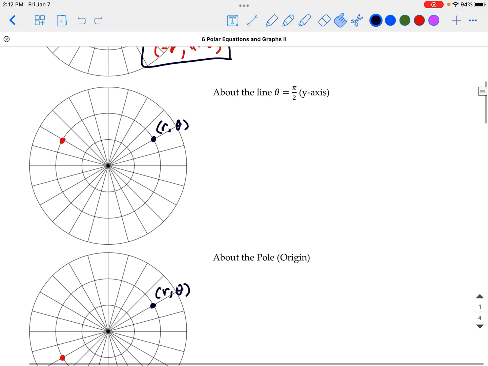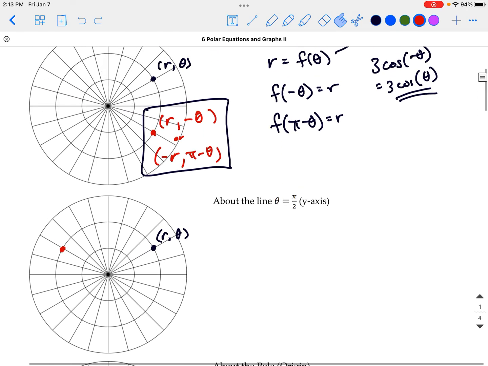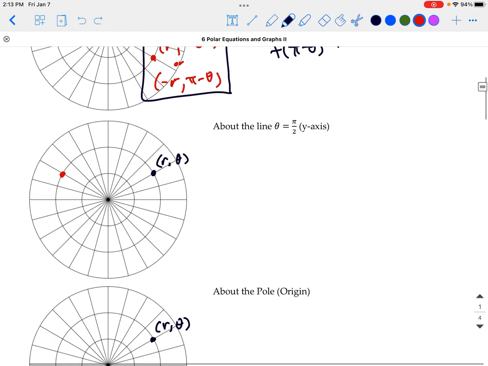All right, so for our second symmetry, now we've got symmetry about theta equals pi over 2. Again, we're going to put our coordinates as r comma something, negative r comma something. If we do it as r, we can measure out r here, and then we'll rotate over.